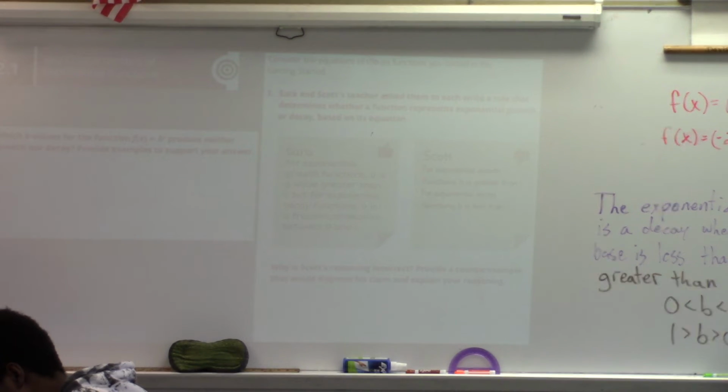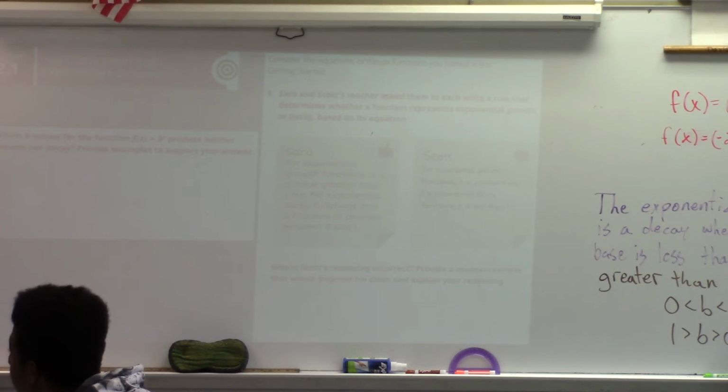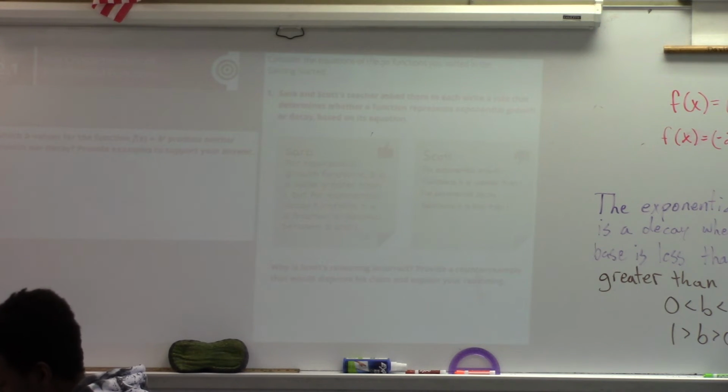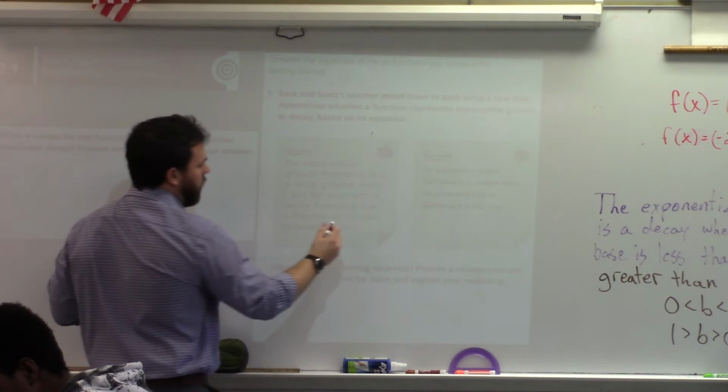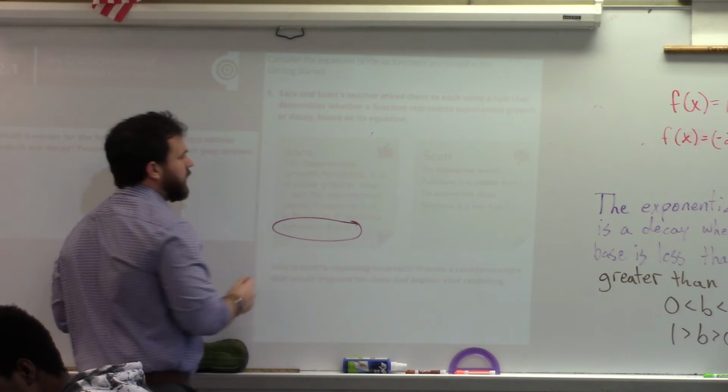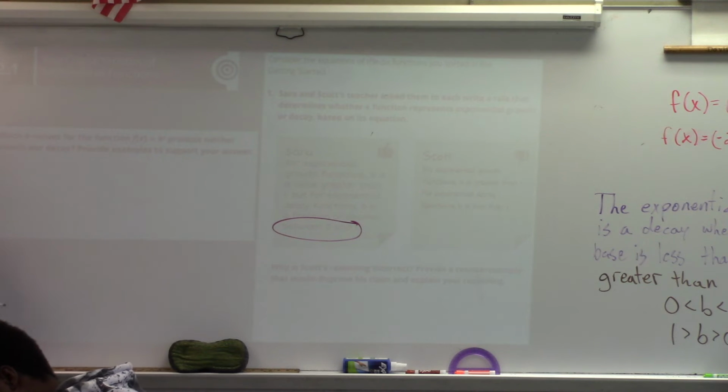Okay, so what was Scott missing? But greater than 0. Okay, so B has to be greater than 0 as well, right? It has to be a number between 0 and 1. And that was a great part that Sarah had included in here. So, which B values produce neither growth nor decay?